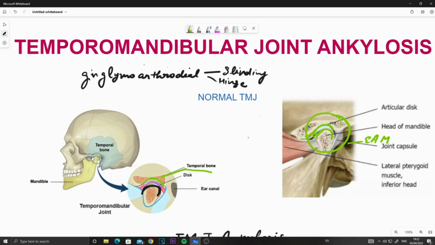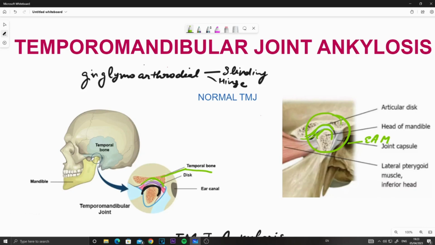Through this we understood the basic bone anatomy, how these bones and the fossas are in relation to it.